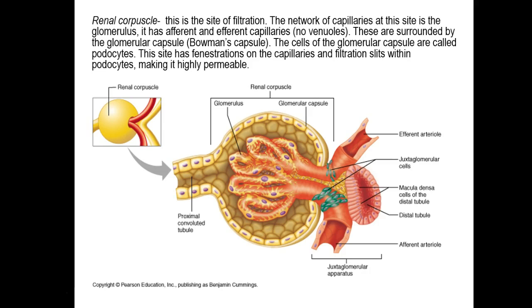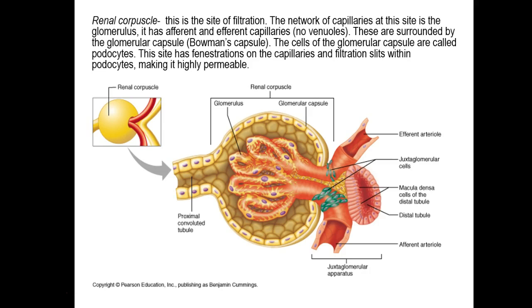Fenestrated capillaries have spaces between their cells, their endothelium. Endothelial cells make up the smallest one-cell version of capillaries, and the junctions between each cell are not particularly tight, so you have what's known as fenestration, and things can fall through.